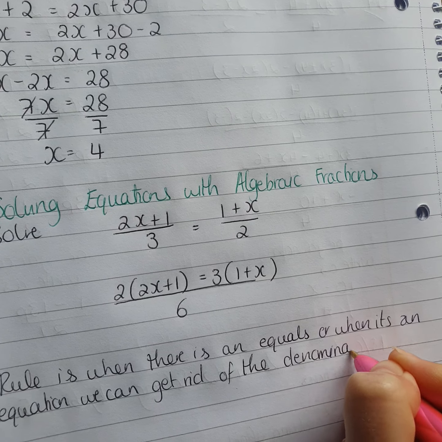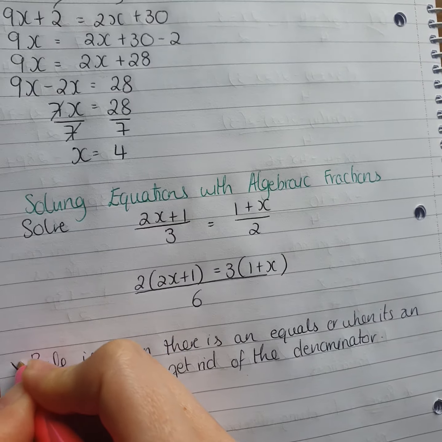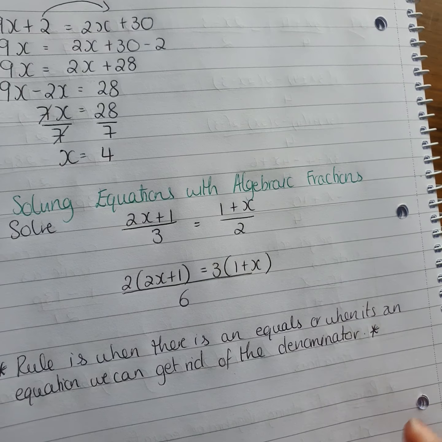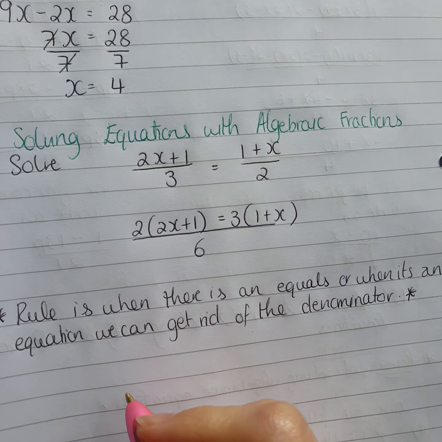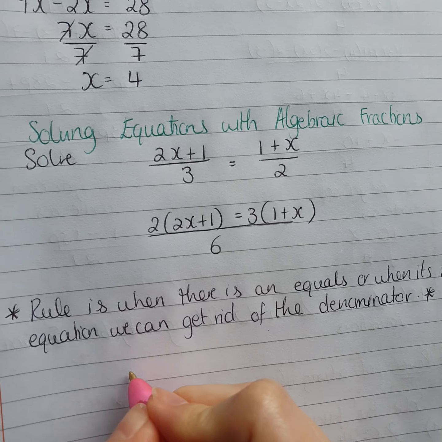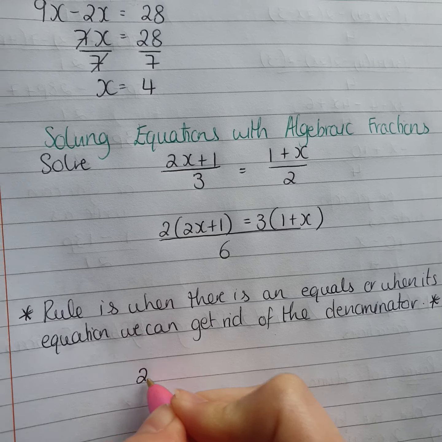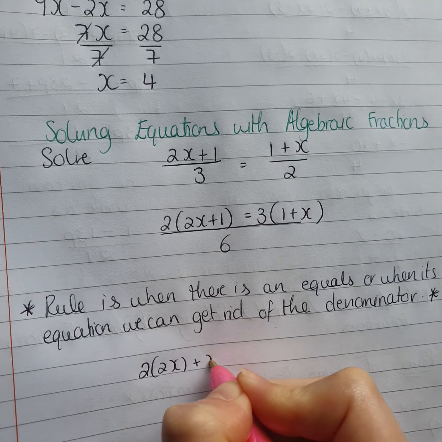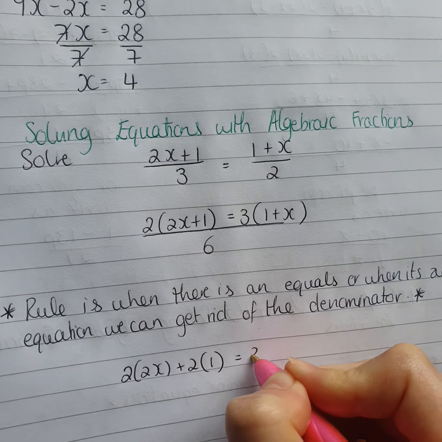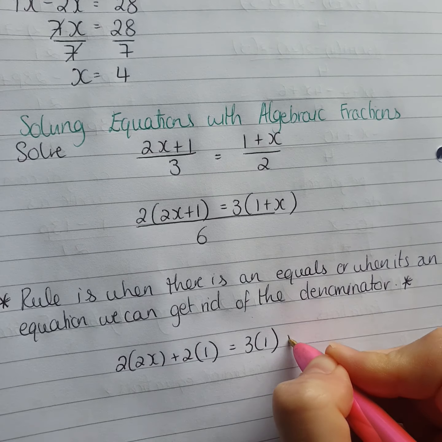Okay, it just disappears because it's an equals. So that rule is really important to take into account. So we're not going to be putting down the 6 now. We're literally going to be multiplying out the top and then solving it. So we'll have 2 times 2x plus 2 times 1 is equal to 3 times 1 plus 3 times x.